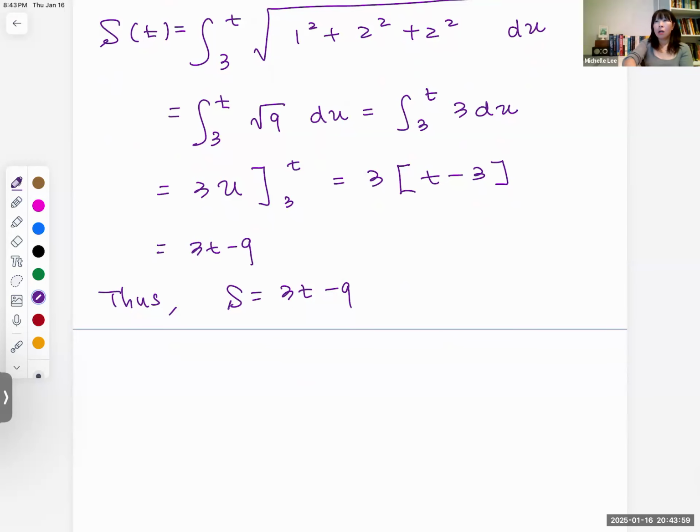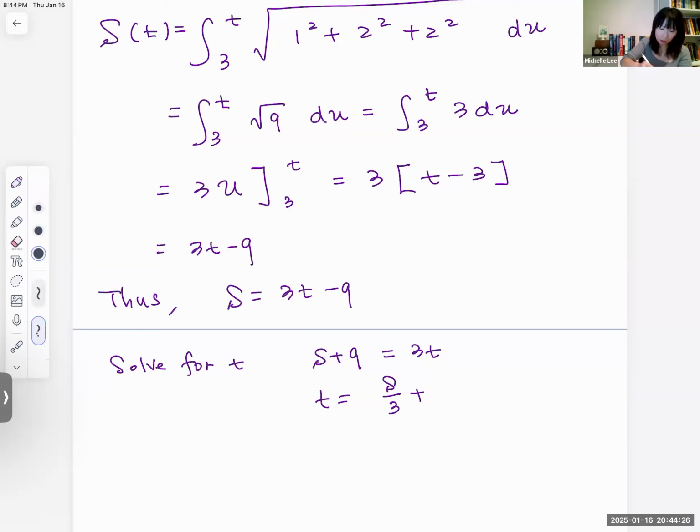Now we need to solve for t. So s plus 9 equal to 3t, so t equals s plus 9 over 3, that is s over 3 plus 3.